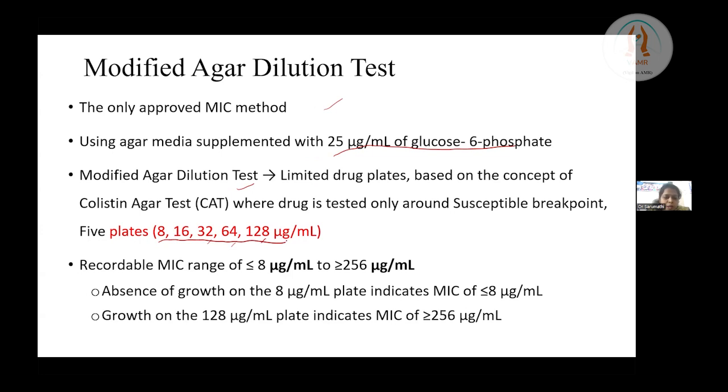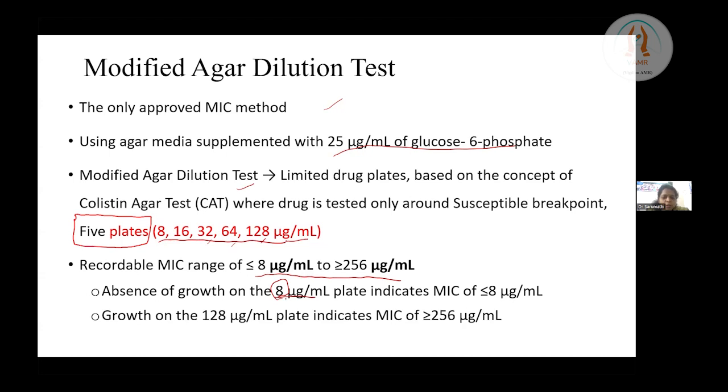By using these 5 different plates, we are able to record the MIC in the range of less than or equal to 8 to more than or equal to 256 microgram.